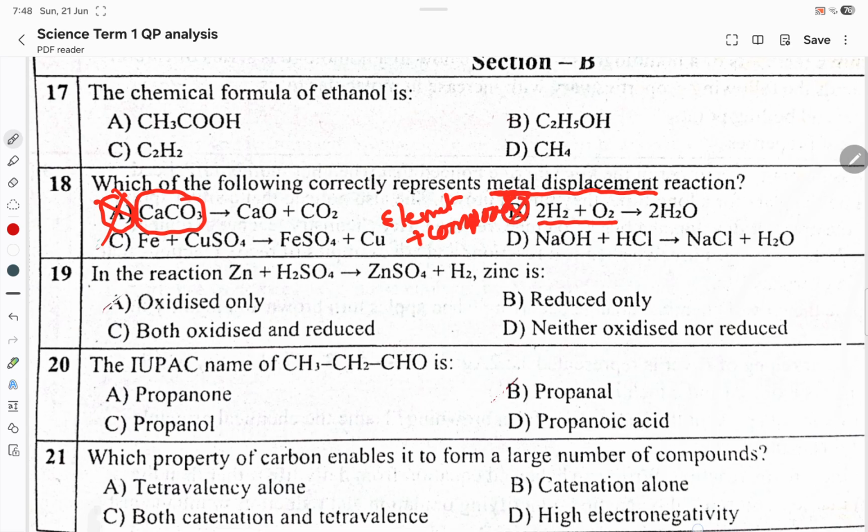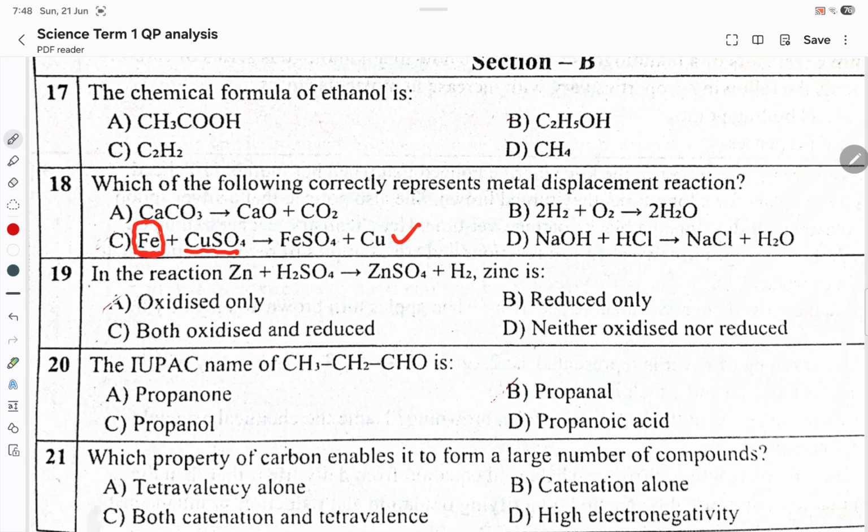Now the third one. Here we can see a metal element and a compound. Copper sulfate is a compound, right? A reaction in which a highly reactive element displaces a less reactive element from its compound is called a metal displacement reaction. So this is the correct one.